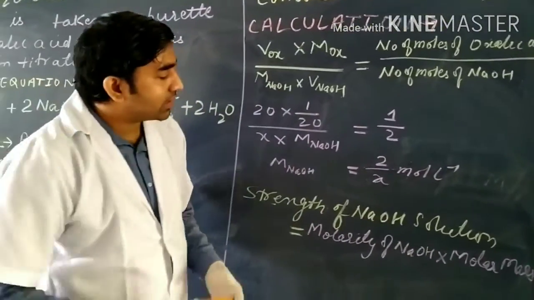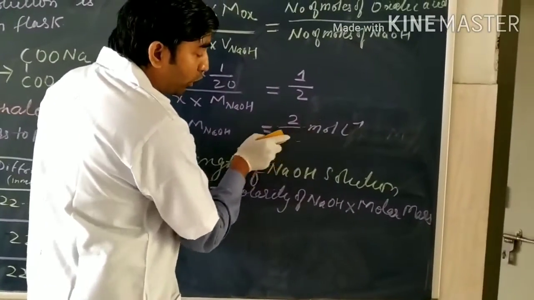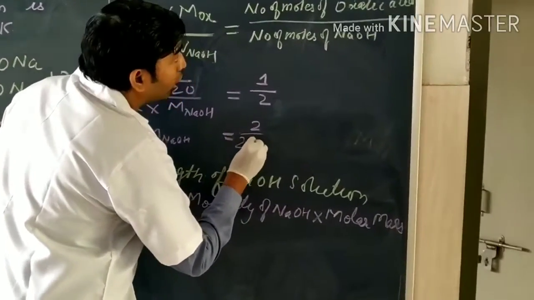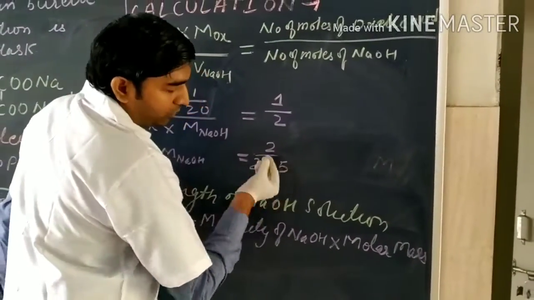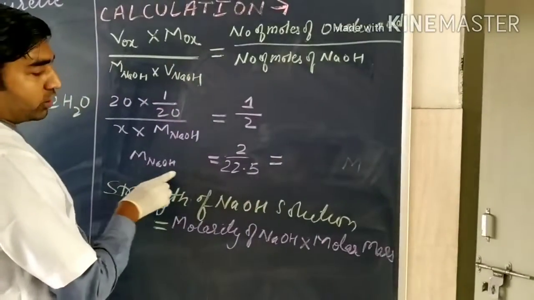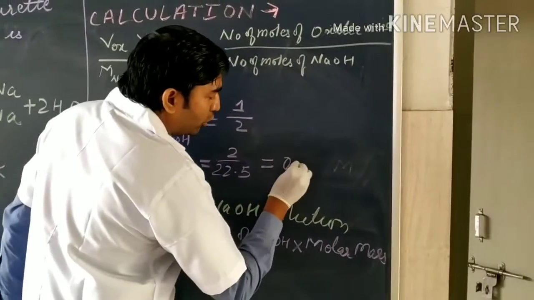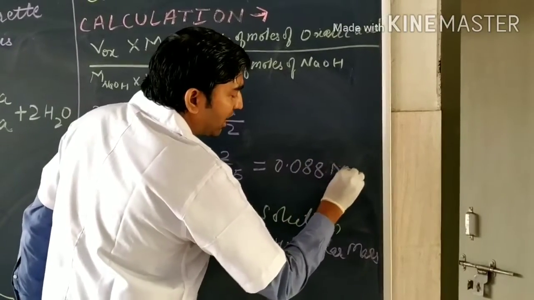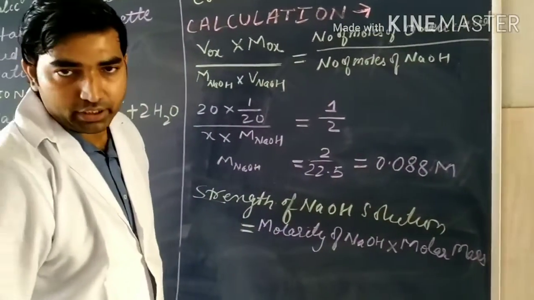And what is x here? X is the concordant volume, 22.5. So the molarity of NaOH is 0.088 capital M, meaning mole per liter.